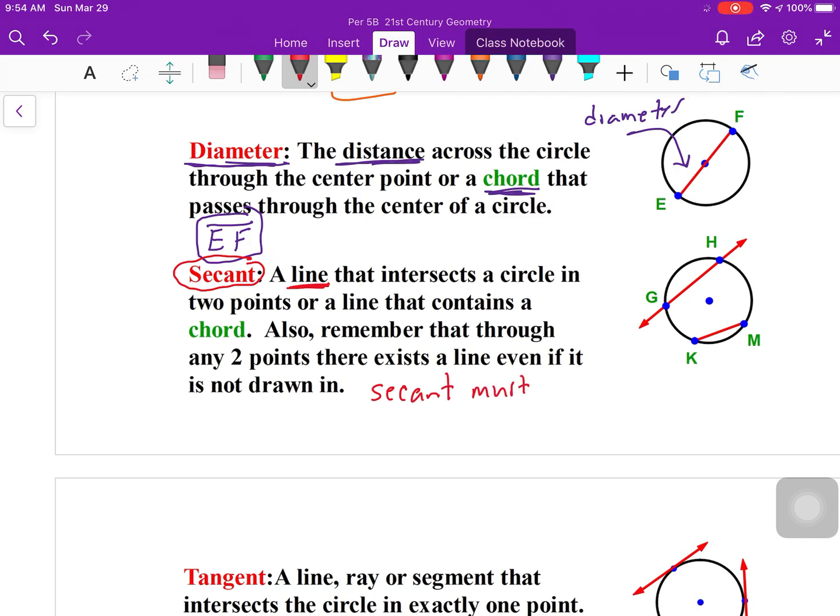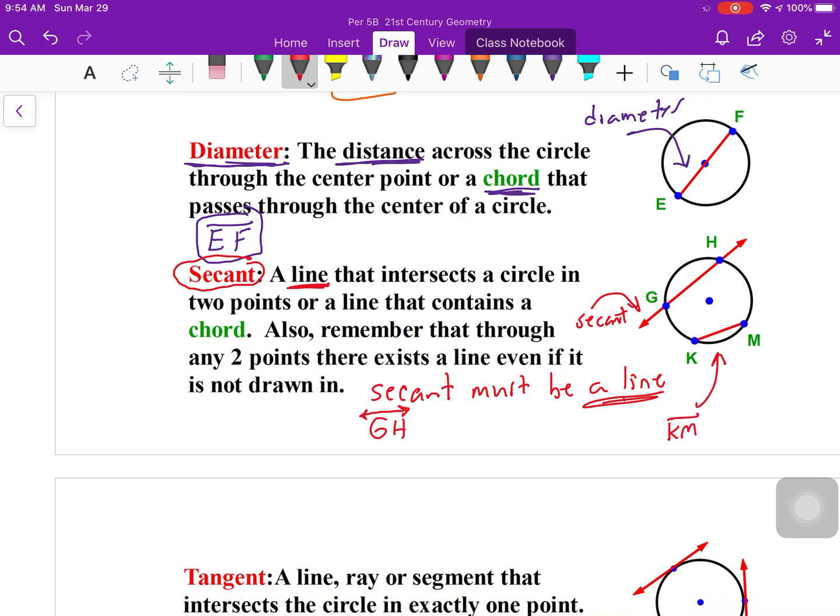So a secant must be a line. So I could name that secant that we see right here GH, and I would have to put the line symbol on the top.